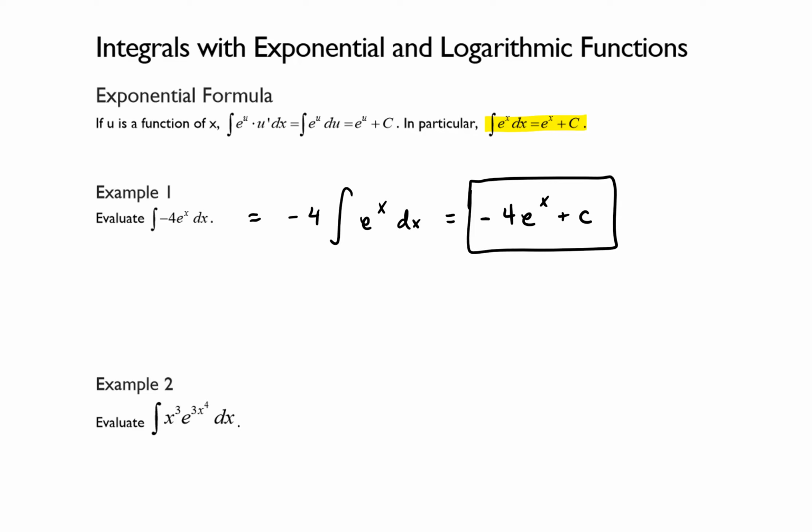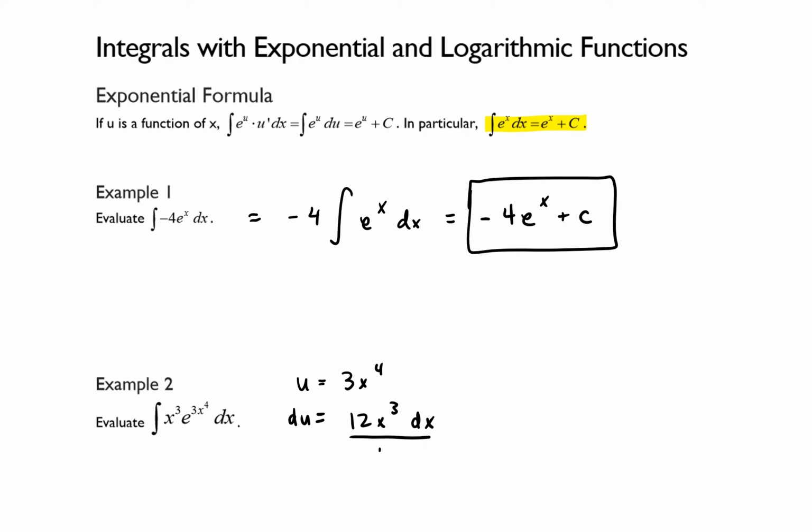Example 2 says evaluate the integral of x cubed times e to the power of 3x to the 4th power. So we want to use u substitution, and I'm going to make my u value 3x to the 4th power. I knew to do that because once we take the derivative, we get 12x cubed dx, and we have an x cubed there.